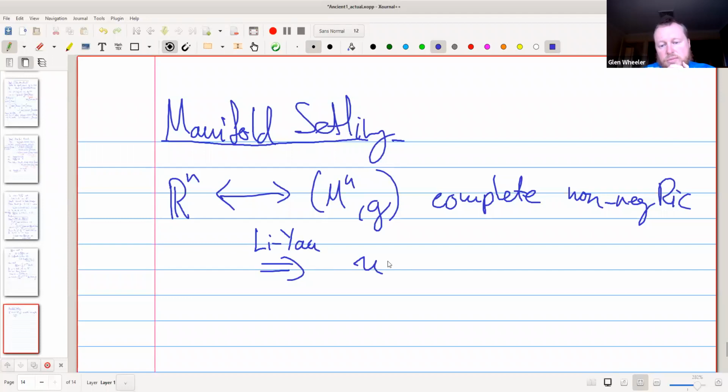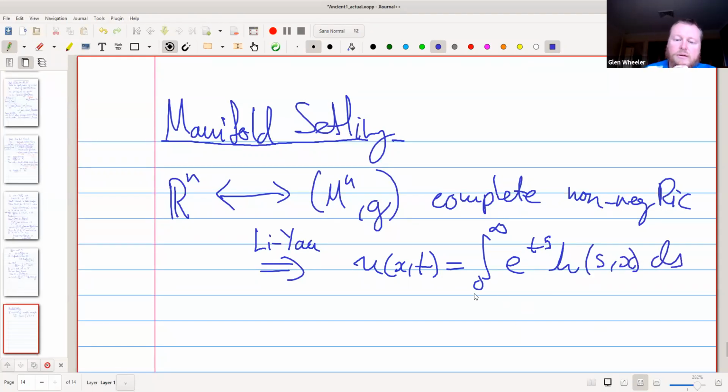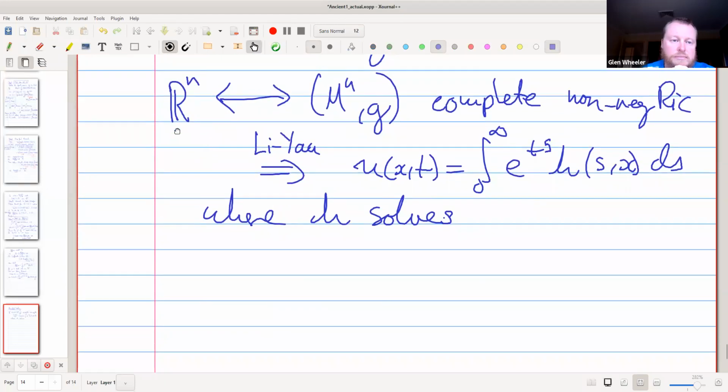And the same kind of argument works to show that you get this kind of representation for your solution, where H is going to again solve the same PDE.